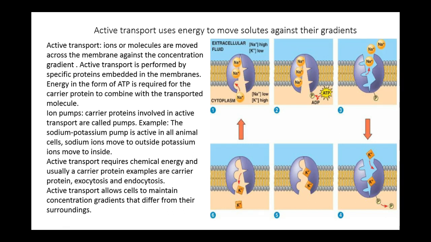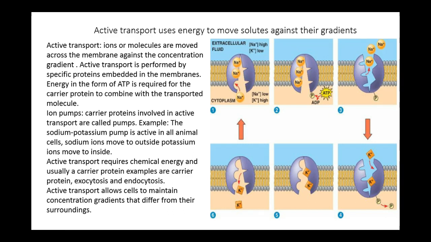Well, ATP is going to come, and it's going to change the shape of the protein so that sodium has a receptor site in the protein. It opens up, the sodium that's inside the cell goes in, then it opens up to the outside of the cell, the extracellular fluid, and it is released into the extracellular fluid where the concentration is already high.